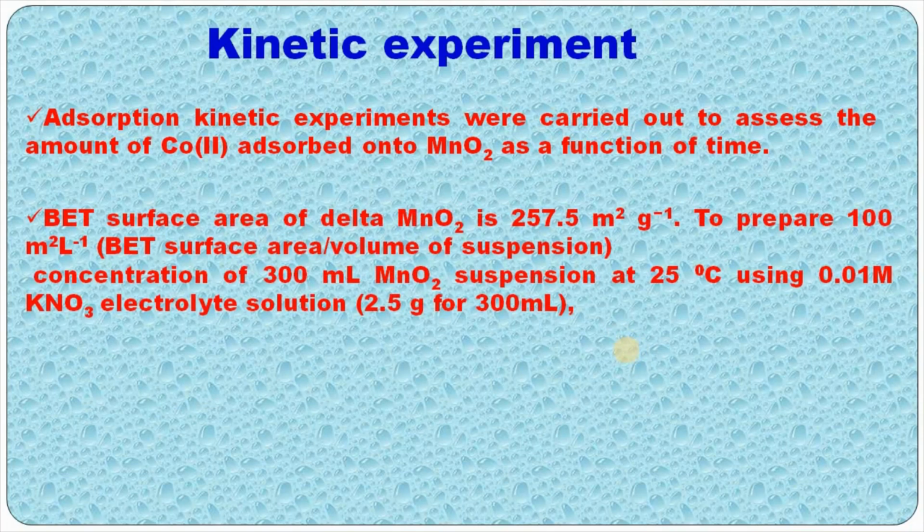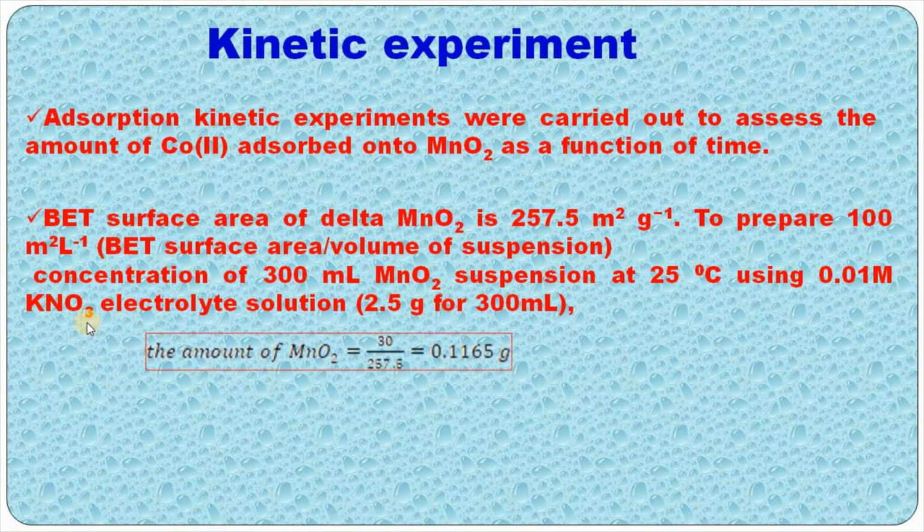The surface area of delta manganese dioxide is 257.5 meter square per gram. To prepare a 100 meter square per liter concentration, that is surface area divided by volume of suspension, of 300 milliliter manganese dioxide suspension at 25 degrees Celsius using 0.01 molar potassium nitrate electrolyte solution, that is 2.5 gram for 300 milliliters.